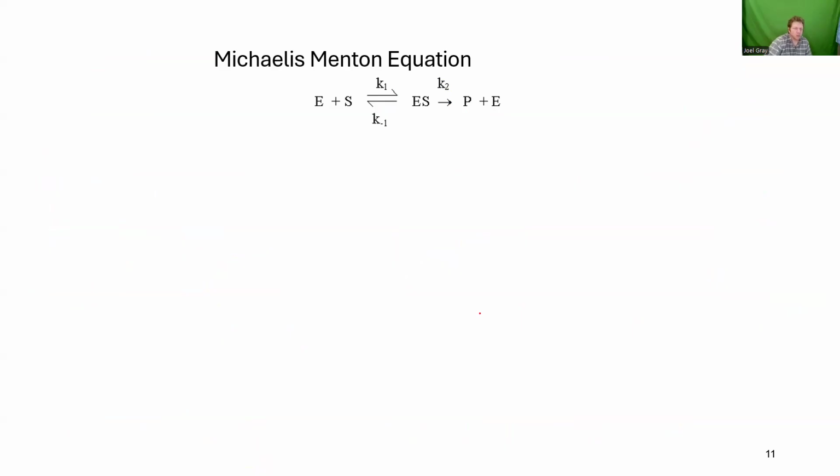And this is a really awesome equation to know because it's named after two people. I think they were at McGill University in Canada, I believe. I always like to bring up Maud Menton, in part because Maud Menton was a woman back in the late 1800s, early 1900s, I believe, when she had her scientific career.